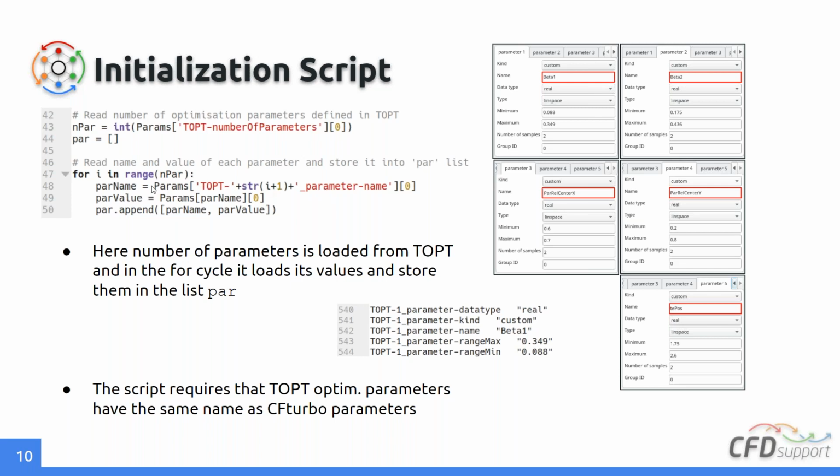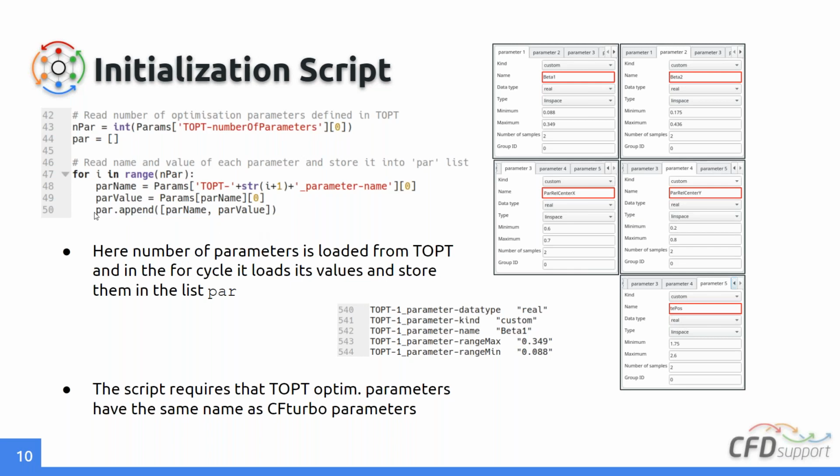Yeah, so the first item in the list for the par will be the name of the first parameter, which is, for example, beta 1, and the actual value. This is changed by the optimizer. For each optimization run, there is a new value which the optimizer decides to set.